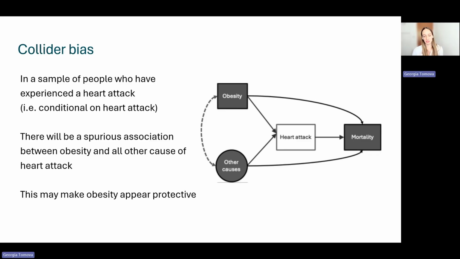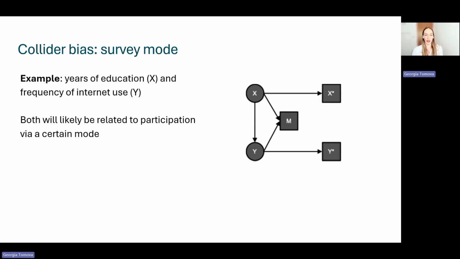So sometimes this can result in really paradoxical findings, and once we try to depict it in a DAG, it's much easier to understand. So now let's return to the context of mode selection.